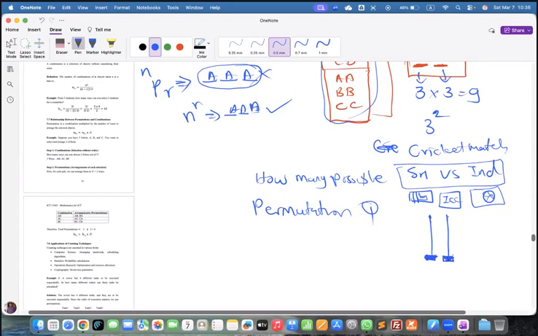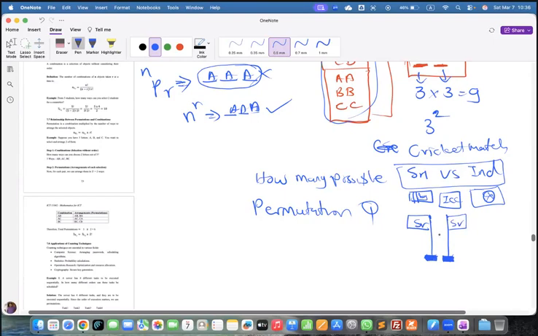Now you have another question, whether it is possible to repeat the same flag here. What do you mean by repeat here? The repetition means you are hoisting the Sri Lankan flag here, and the Sri Lankan flag here also.